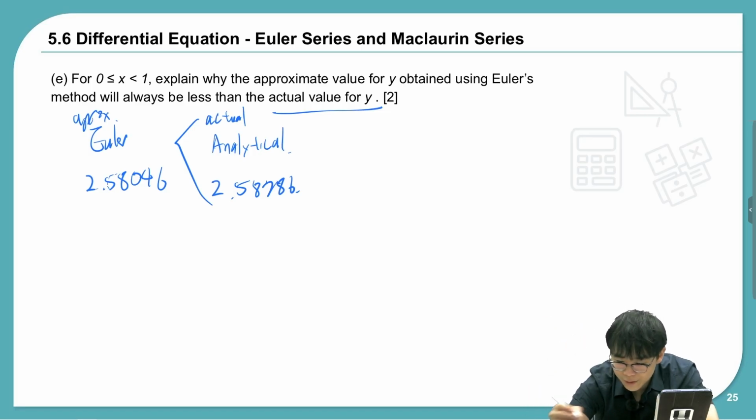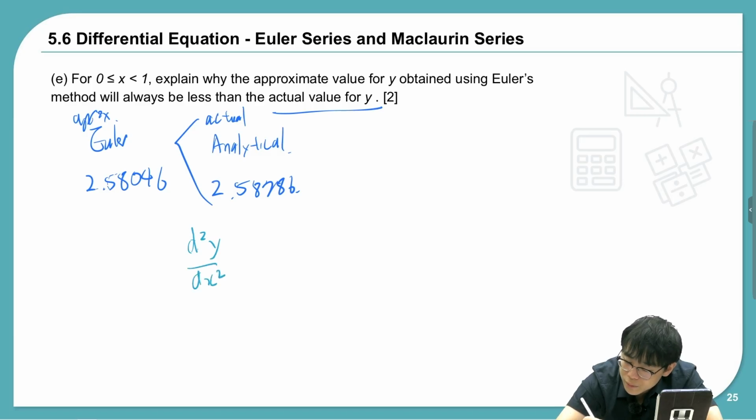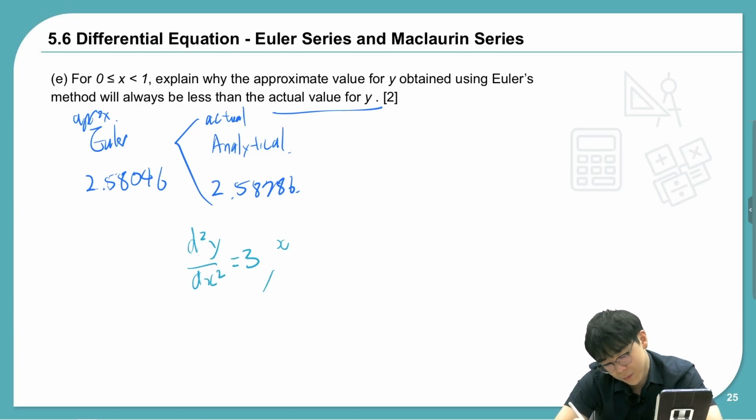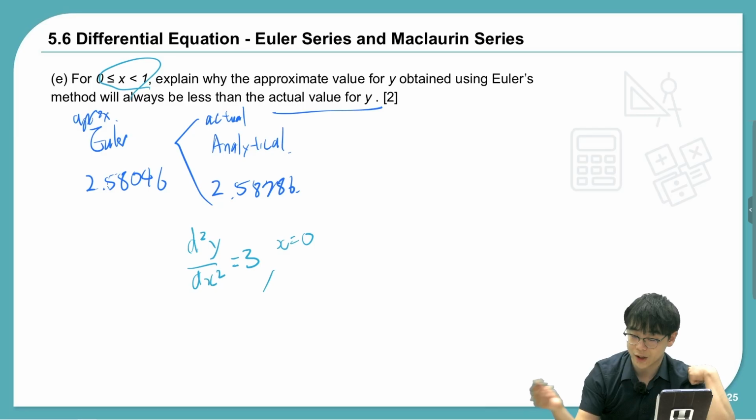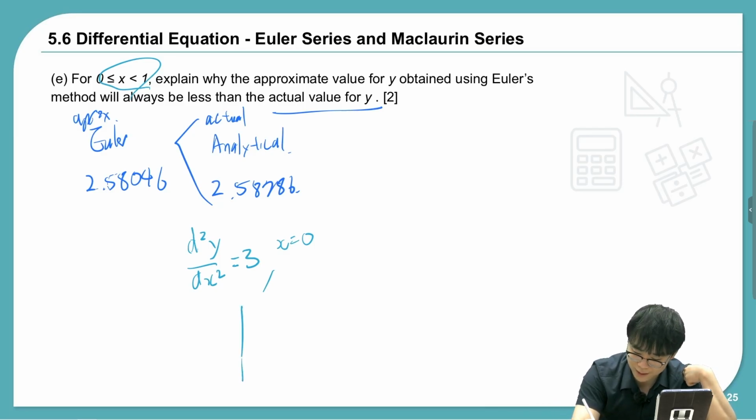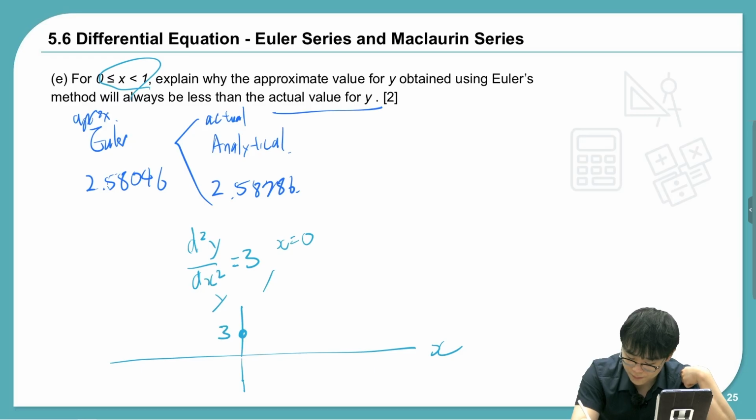Well, earlier on, we found that d squared y over dx squared was 3, right? And this was, of course, when x is 0. So I guess we don't know what the graph will do later on as x gets really large, but if x is between 0 and 1, for the time being, we know that our graph is concave up, right? So if this is x and this is y, we started off at 0, 3.